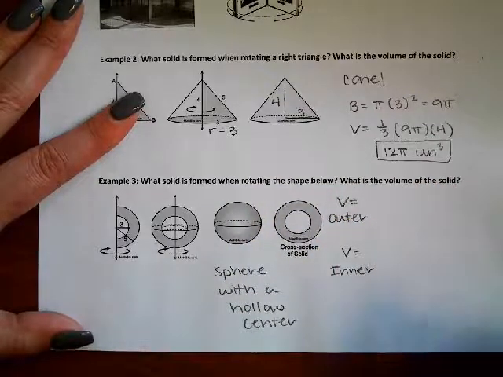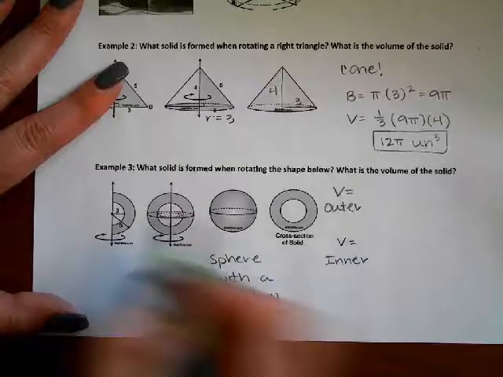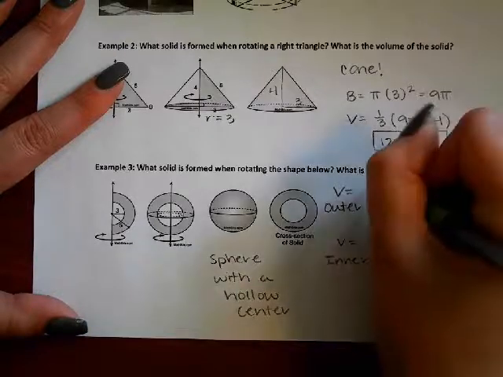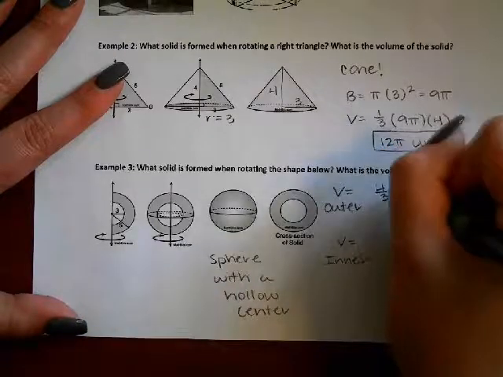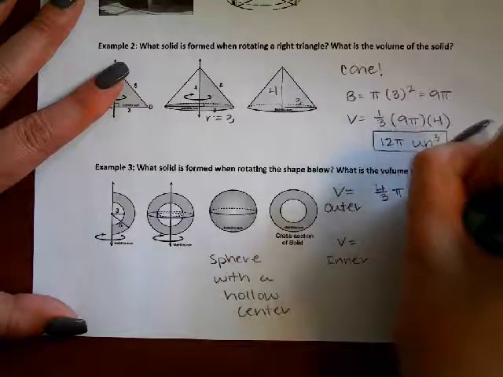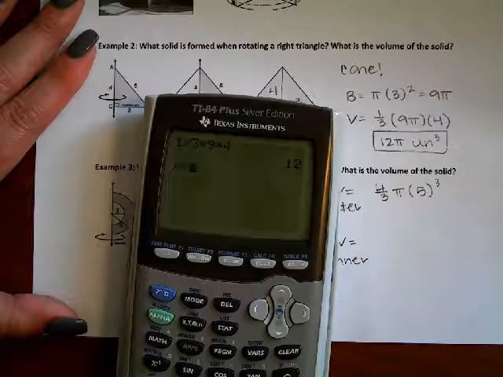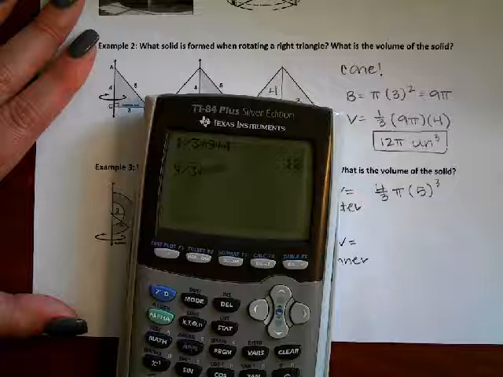So the volume of the outer sphere, you can see they gave you the radius of the outer sphere. That's a radius of 5. So we're going to say 4/3 pi times 5 cubed.